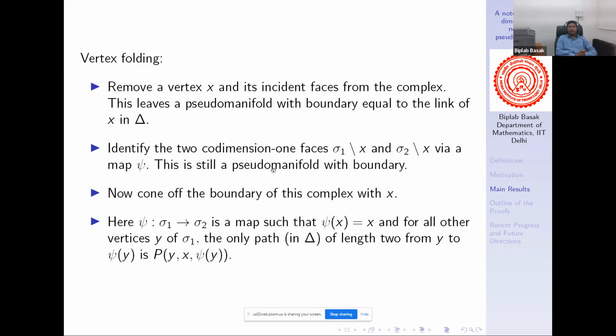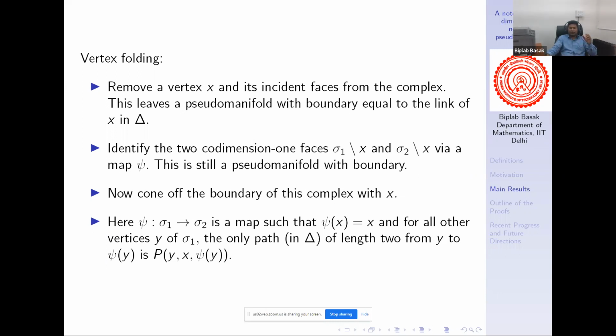Suppose we want to do a vertex folding with respect to a vertex x. Then what do we do? We first remove x, and all the faces passing through x. Then the resulting complex will be a pseudomanifold with boundary, and that boundary will be the same as the link of x. Now we choose two triangles in the boundary, and then we identify them.